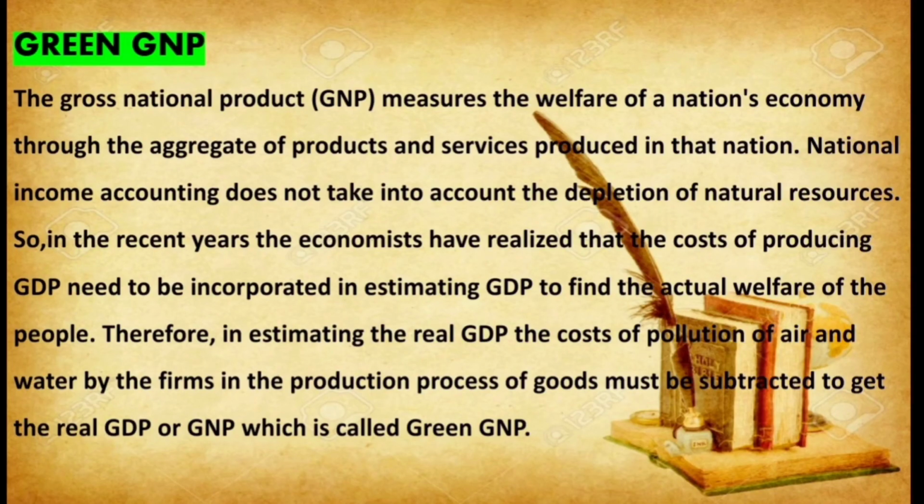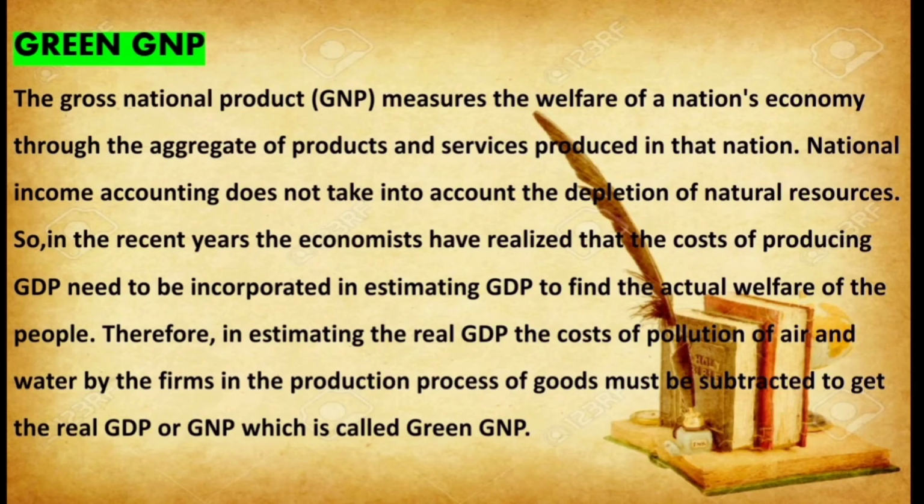Next, we are going to see green GNP. What is green GNP? The gross national product measures the welfare of a nation's economy through the aggregate of products and services produced in that nation. And national income accounting does not take into account the depletion of natural resources.